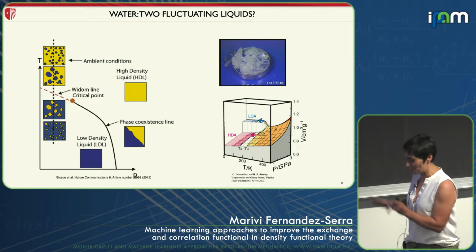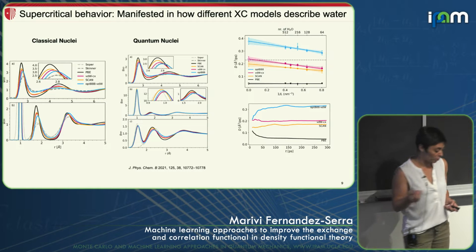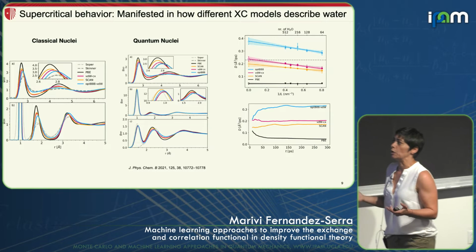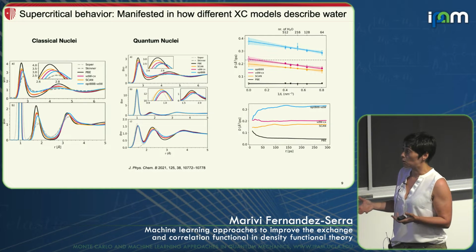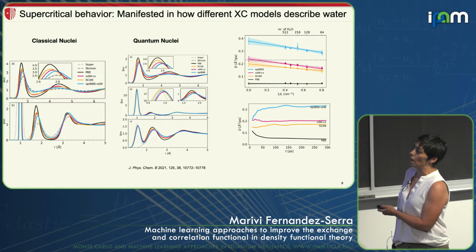Now, I'm not going to talk about the physics of this, but what I want to say is that this supercritical behavior, even though water is a system that is not strongly correlated, although non-local van der Waals correlations are very important, is still extremely difficult to describe by DFT.